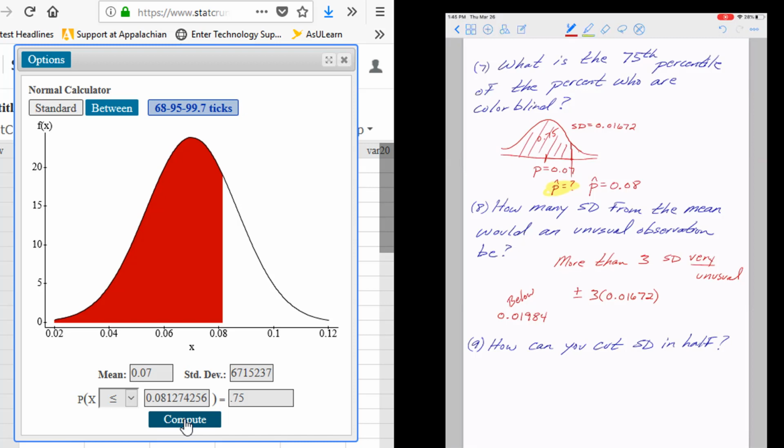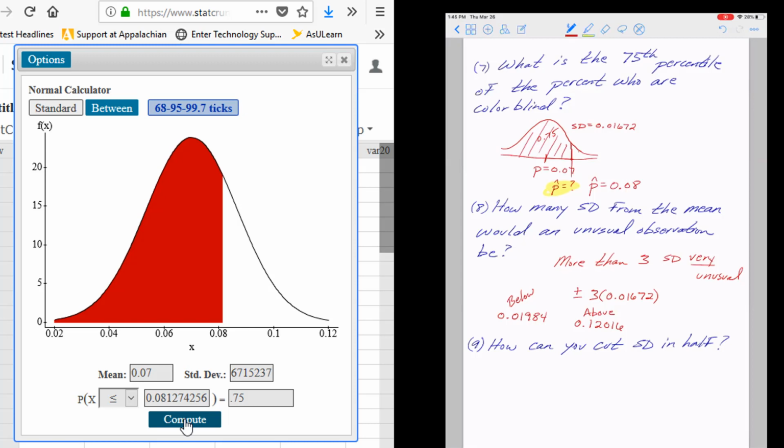So 7% plus that small decimal there is going to be about 12%. So above about 12% will also be very unusual. We did use the plus or minus 3.